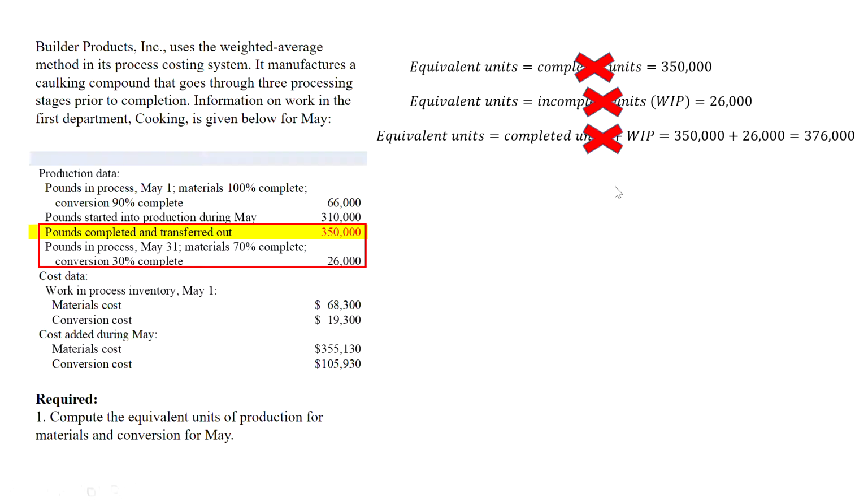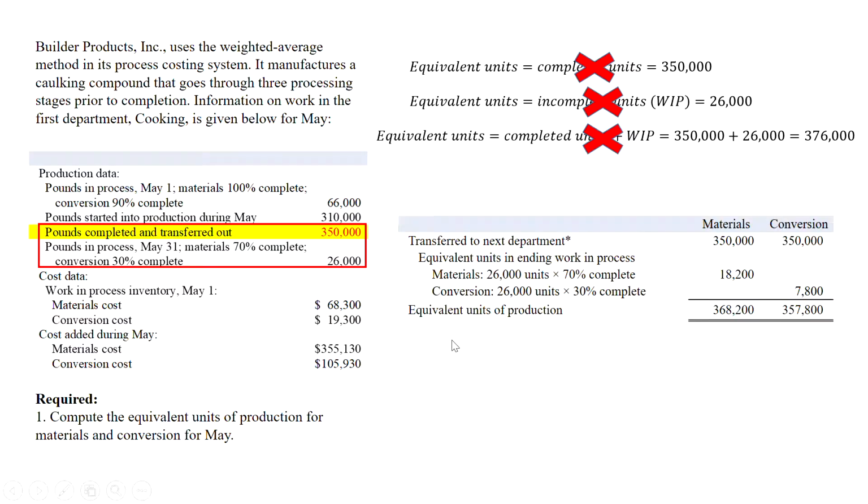What that doesn't consider, the good part of this is it does consider the completed units, but it treats these incomplete 26,000 pounds as if they were really finished, and they're not actually finished. So we need to convert those in some way. What's the equivalent? If we took all our time and resources and actually finished units instead of producing units that were incomplete, what would that be equivalent to?